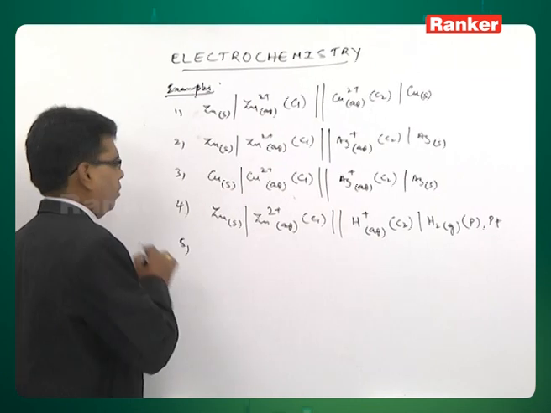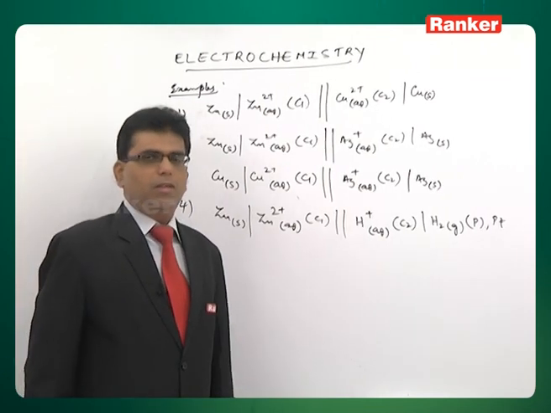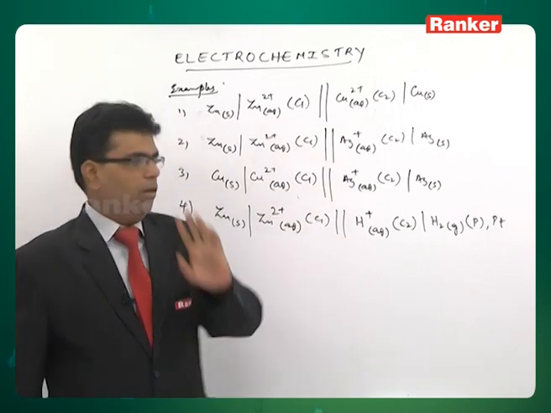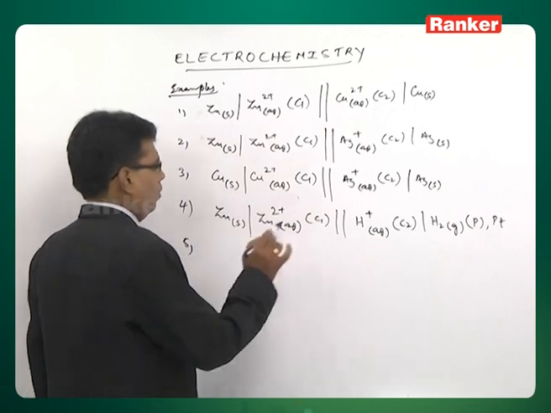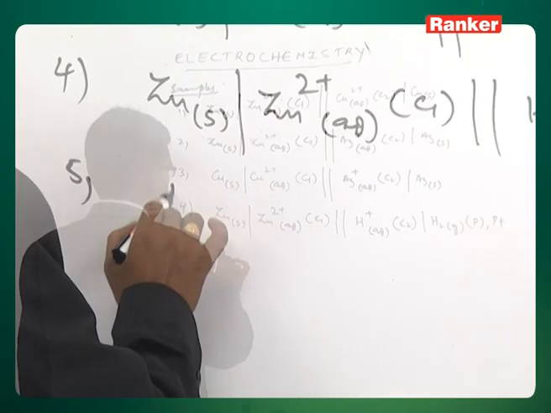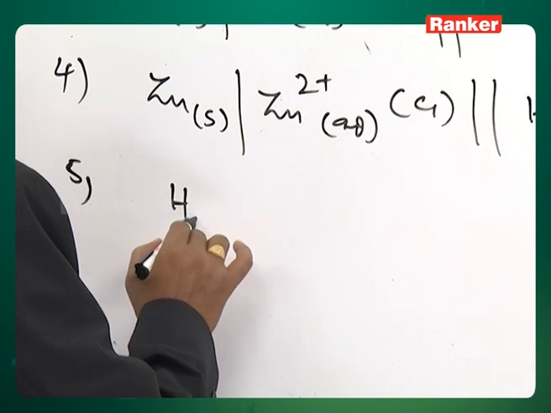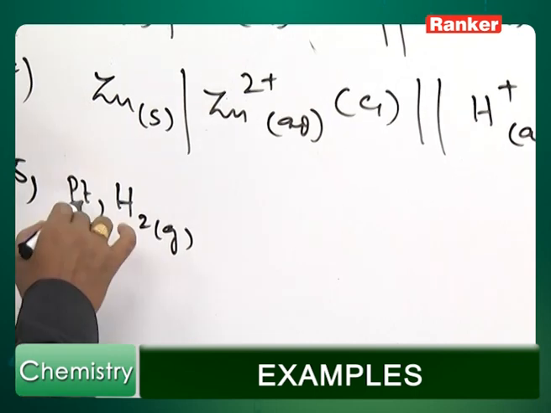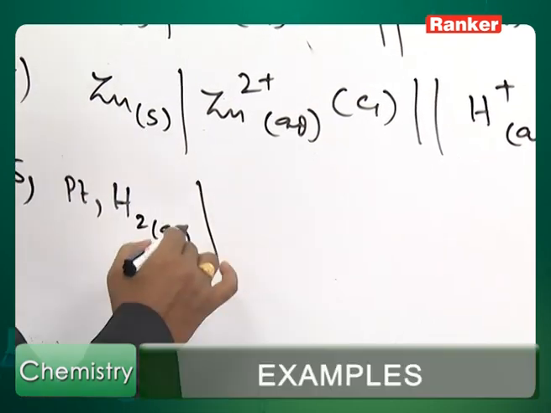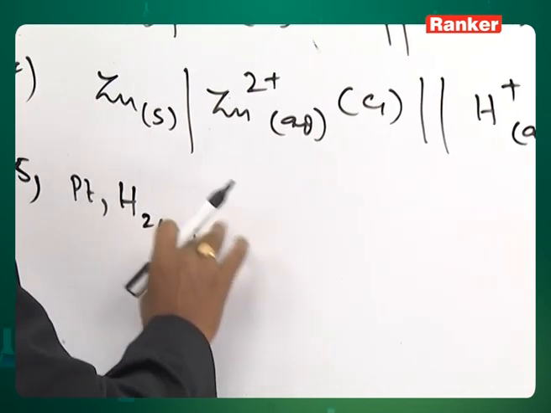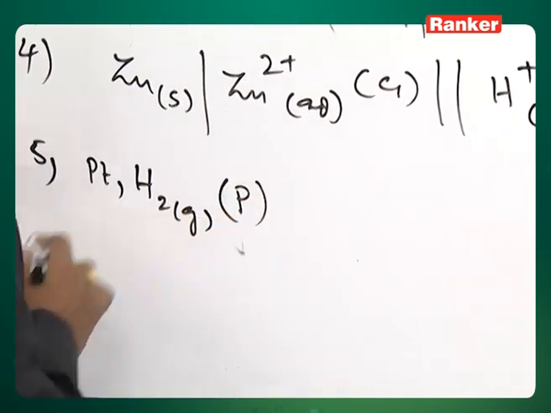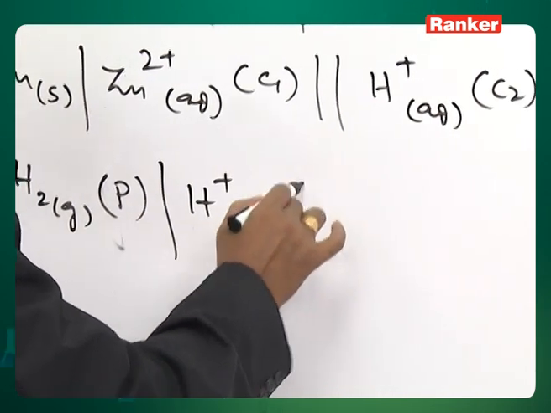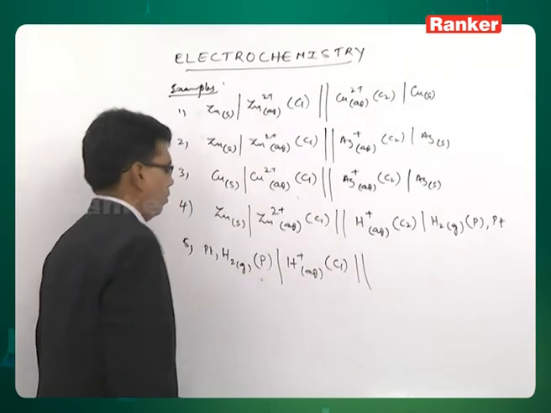But if you use hydrogen and copper, then the hydrogen electrode acts as anode, copper will act as what you call cathode. So, here it is hydrogen gas, the representation will be like this, hydrogen gas at some pressure, whatever may be the pressure at which it is filled, that should be mentioned, and H plus ion, right.